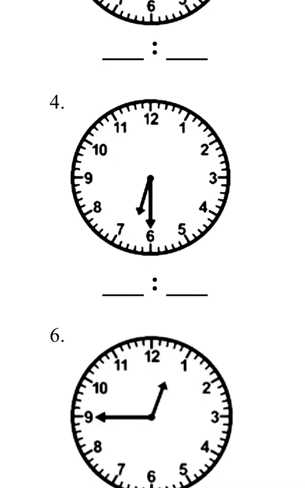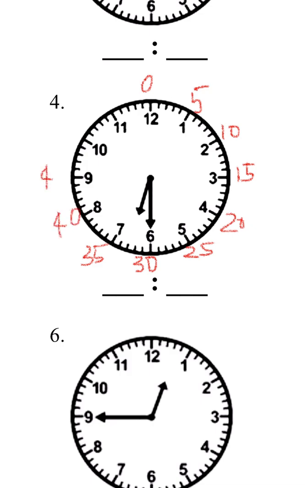When we look at it, that would be 0, 5, 10, 15, 20, 25, 30, 35, 40, 45, and then it goes on. So when we look at the minute hand, it is pointing at 6. That means 30, right? So you put 30.